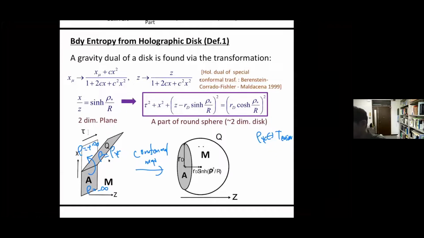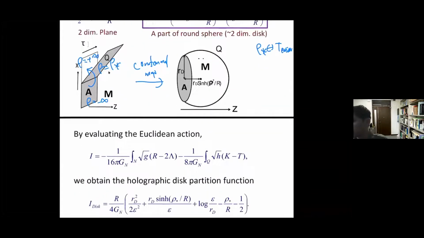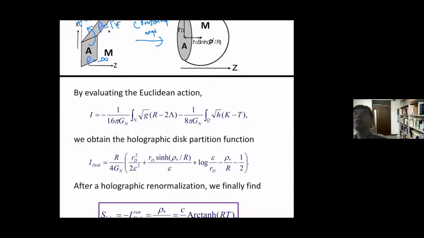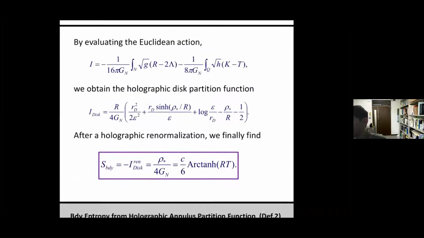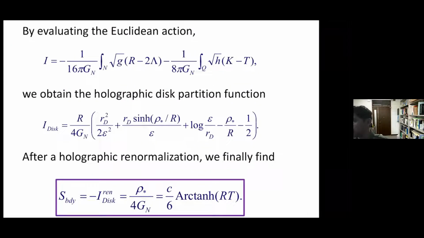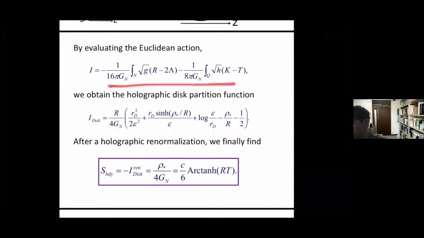And you can even go to negative tension, where the center is outside, so the boundary surface Q is very narrow, very small. Anyway, we can find the holographic dual. And once we know the gravity dual, we can evaluate the gravity action on this configuration, and then we have UV divergences, and so on.